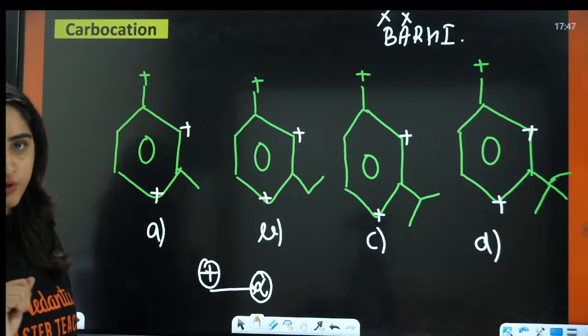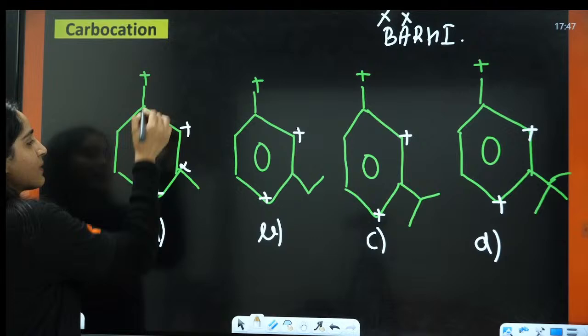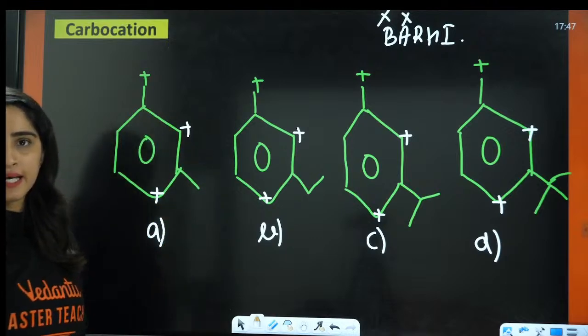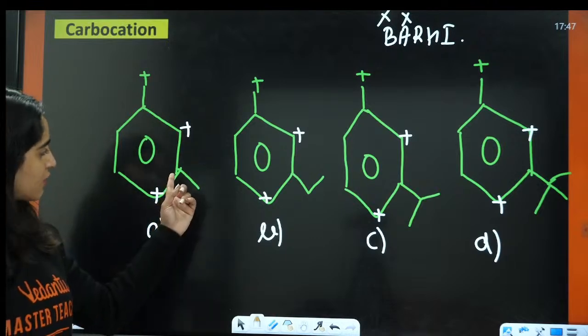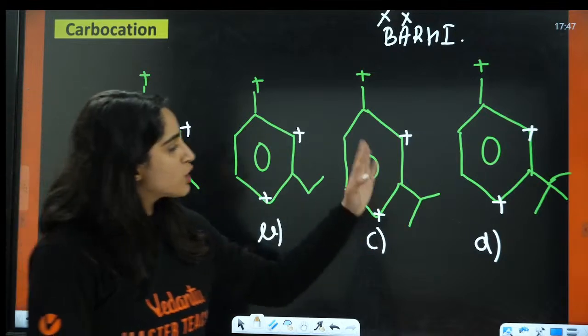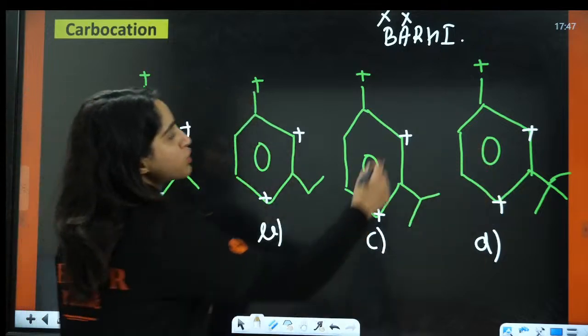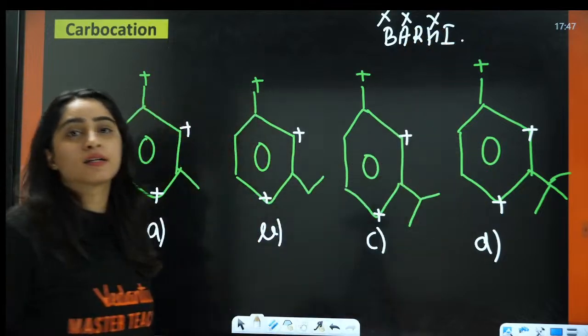But here, the alpha carbon is this, we can't define the stability here, right? This alpha carbon is sp2 hybridized, here also alpha carbon is sp2, here also, here also. So hyperconjugation will not be the factor here.